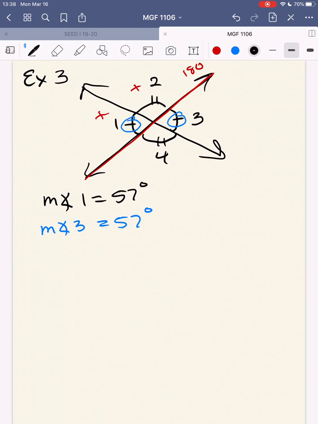So if I have angle 2 and I add angle 1 to it, they should equal 180. Angle 1 is 57. I don't necessarily need the degree symbol there.